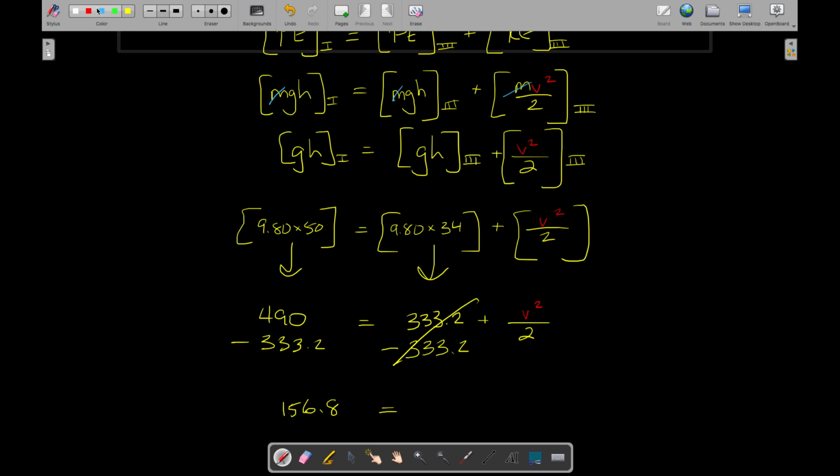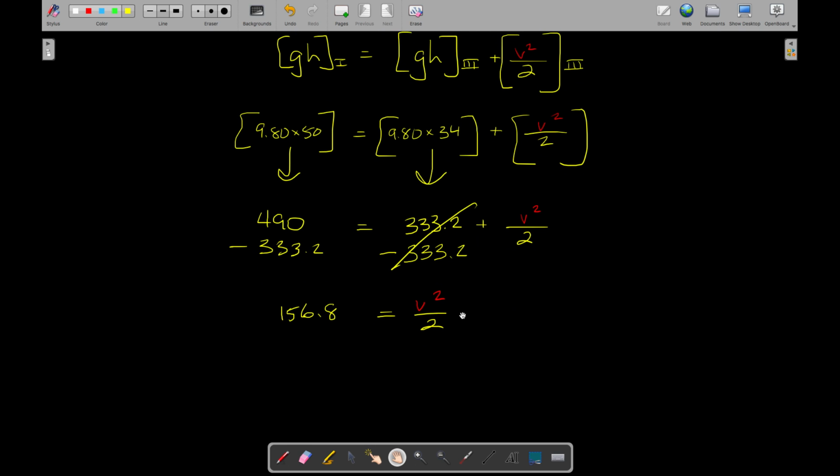That is equivalent to velocity squared over 2, which at this point we can multiply by 2 on both sides to isolate our v squared. So we do that and multiply those two together. We get 313.6.